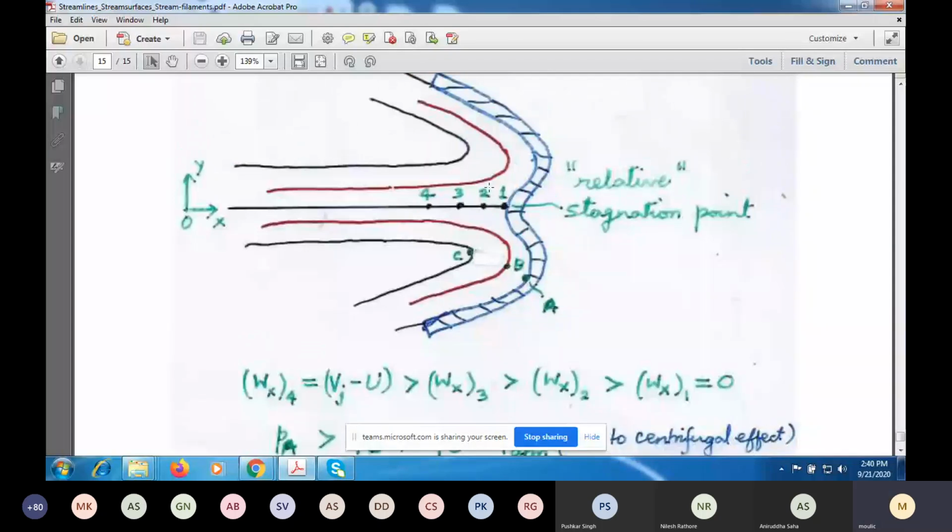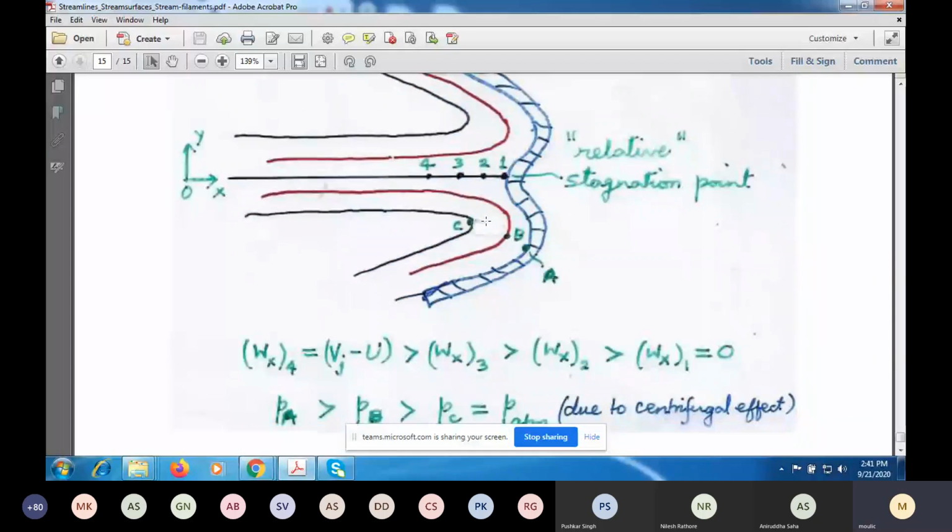Assuming inviscid behavior. Point 1. Okay, so what we have to do is we have to derive Bernoulli's equation in the moving frame, translating frame. Then only we can argue theoretically why it will be larger. But here you can kind of guess that locally the maximum pressure will be at this point 1.